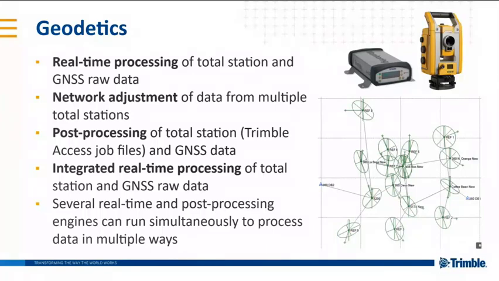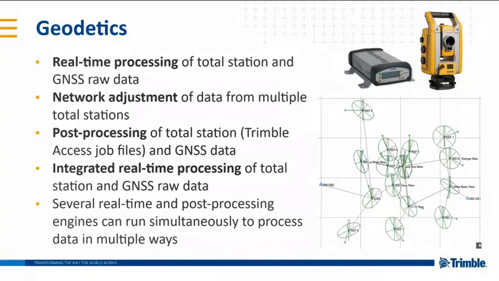Then there is combined processing, which I called integrated processing here. This means you can use observations from a total station and from GNSS receivers and do a combined adjustment. This is beneficial, for example, if your total station has no line of sight to a stable control point in a monitoring area.